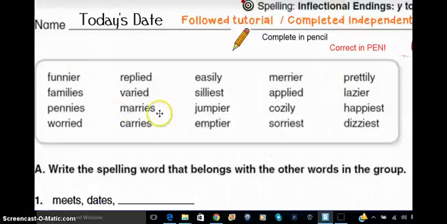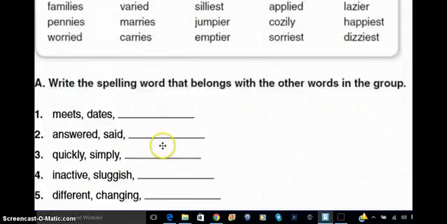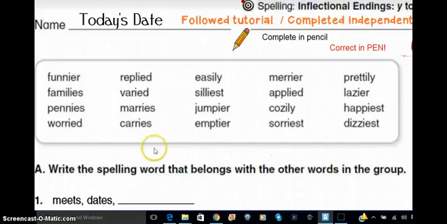These are all the words that have those endings. So we should be to the point where we see an I and we're going to change it. Then we need to drop it and then add our ending. So like always, if you're going to follow along, most of you could probably complete this all independently. Those of you that are following along, please remember when I read the words, you should be reading them in your head. Let's go ahead and read those across.